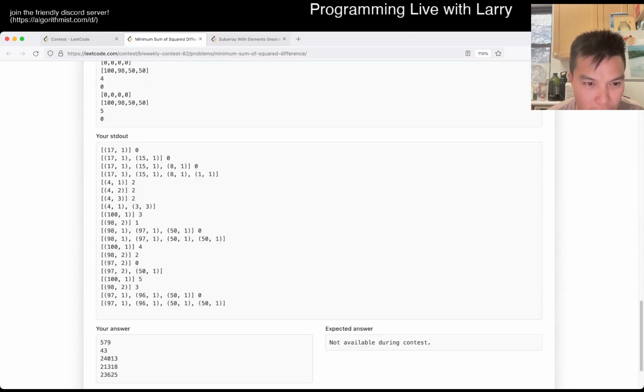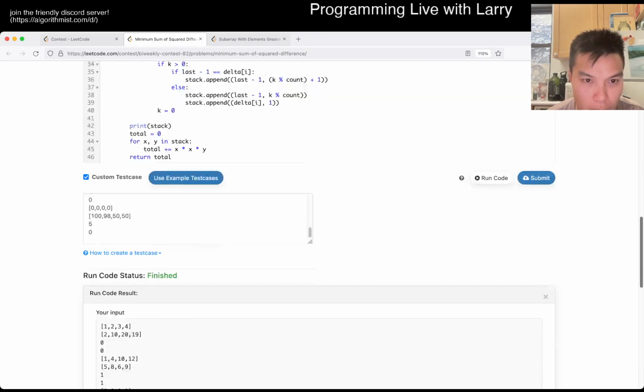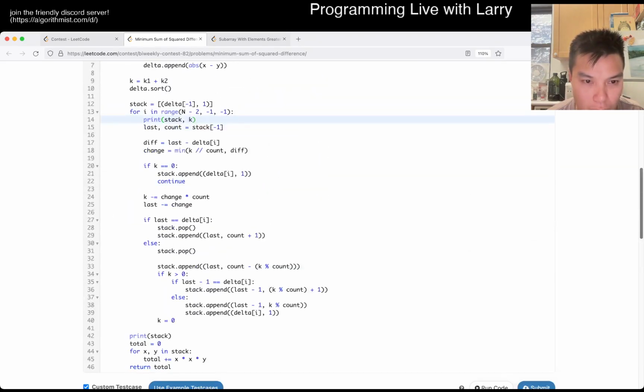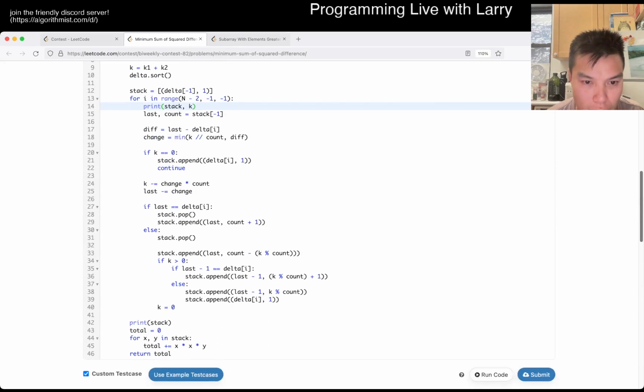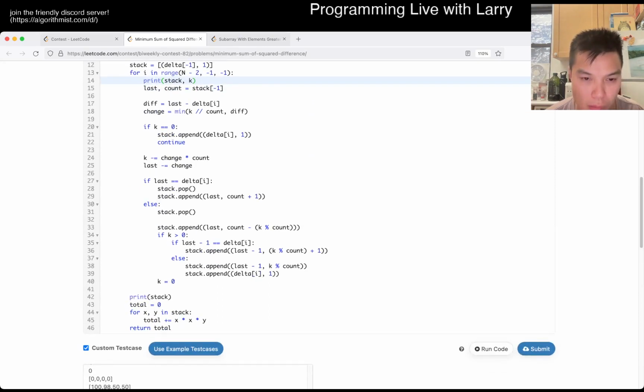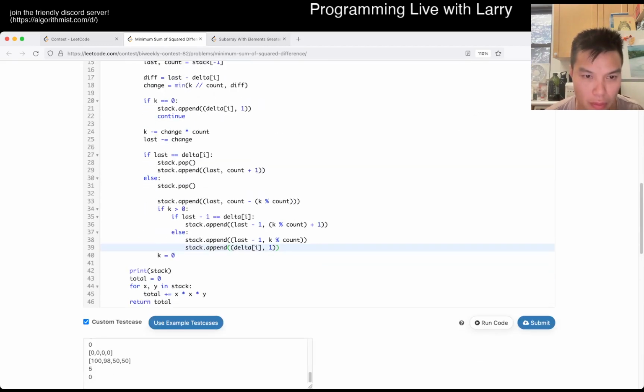Okay, so this is 4. Okay, so now this move to 2. Right. The next one we're gonna oh. Wait, what? And k is less than 0.